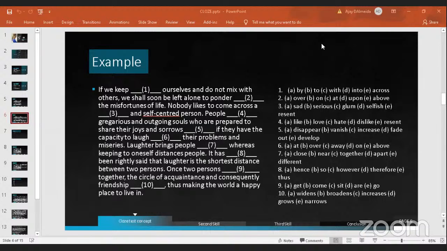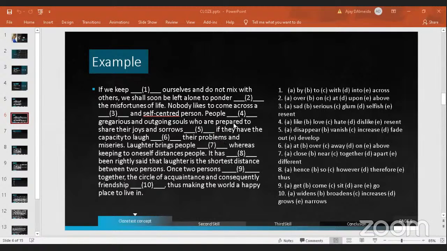Love is used for people. So the correct answer should be love. Again, the English we are talking about is high-level English. Colloquially we say it, but otherwise the correct usage should be love. People love gregarious and outgoing souls. Answer is B.